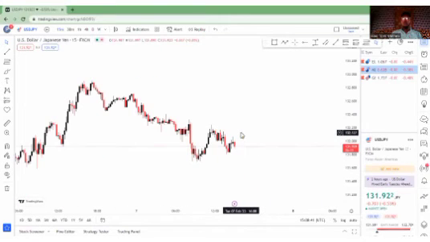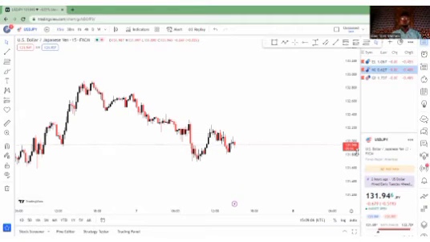Instant execution means that you can see the current price is here at 131.924. If you are selling this currency, you are selling at the current market price. If I press sell, it means I'm selling at 131.938. That is instant execution.